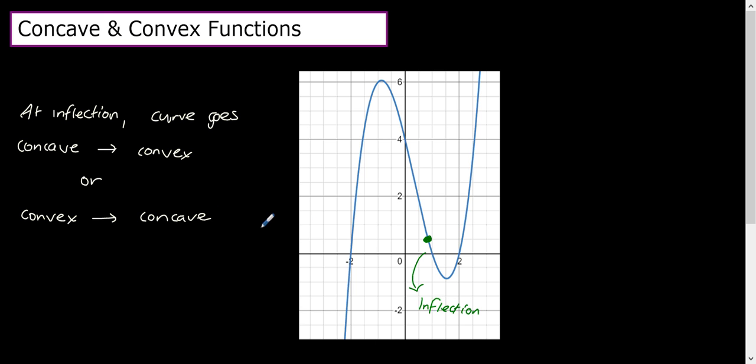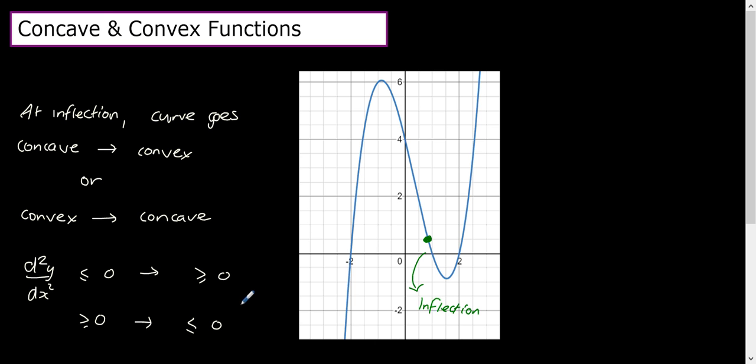Okay? It is changing, which means that our second derivative d squared y over dx squared has gone from less than or equal to 0 in the first example through to greater than or equal to 0. It's changed sign. Okay, so it's gone from negative to positive. And in the second example, convex to concave, it's gone from greater than or equal to 0 to less than or equal to 0.